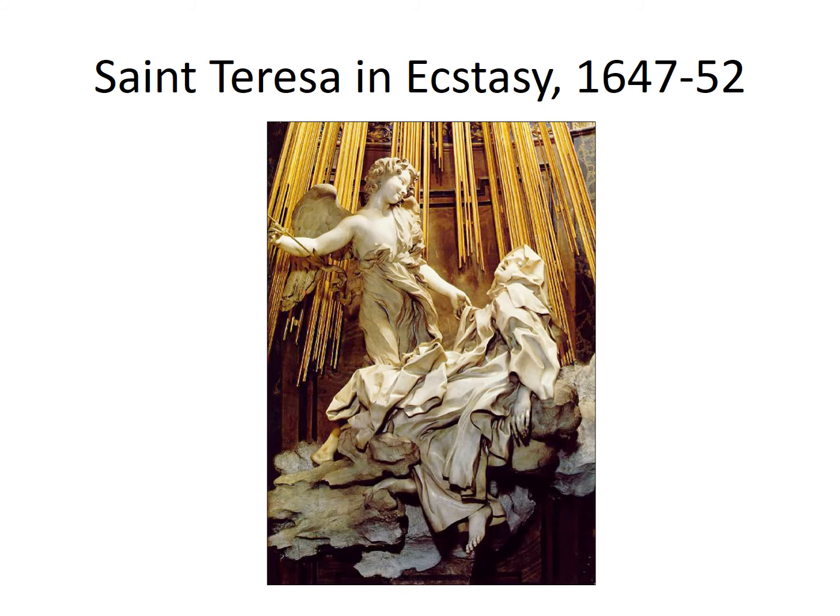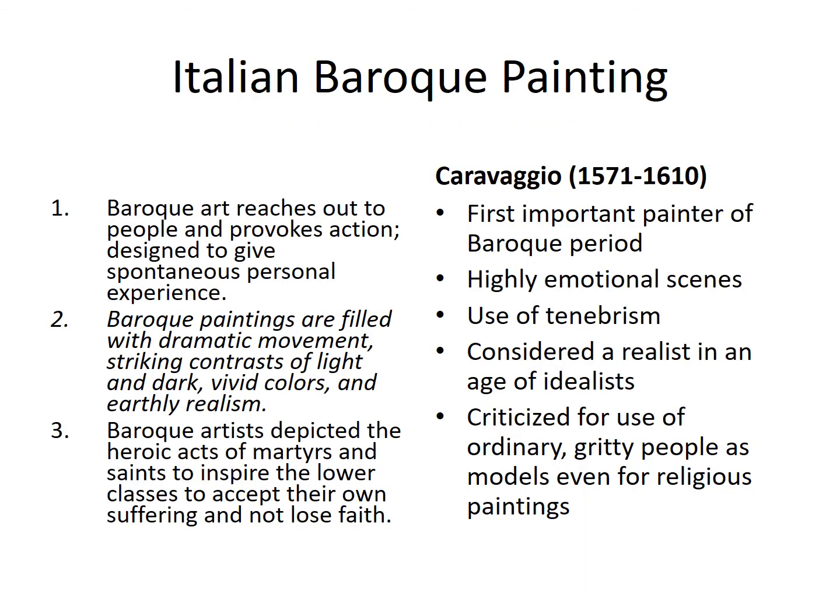And you see the angel has an arrow in his hand trying to pierce her heart with the ecstasy of Christ and the gold showering down on her like the Holy Spirit. Her ecstasy is through her spiritual renewal through Christ and through the Holy Spirit. It's a very sensual piece.